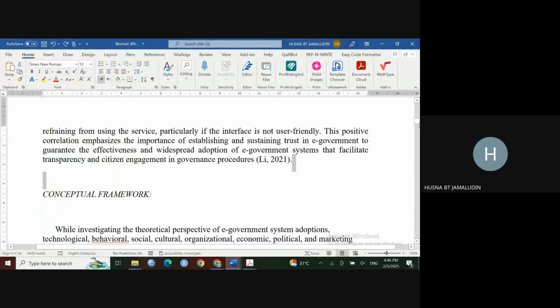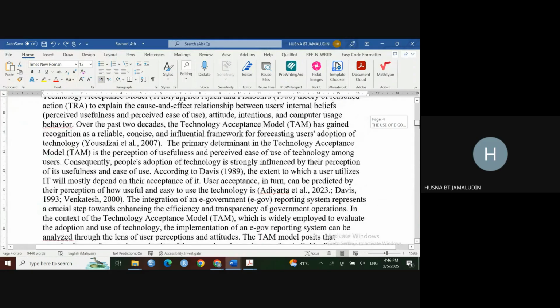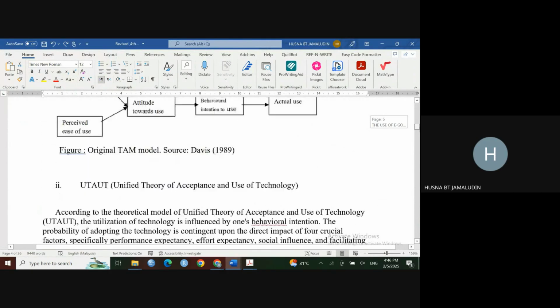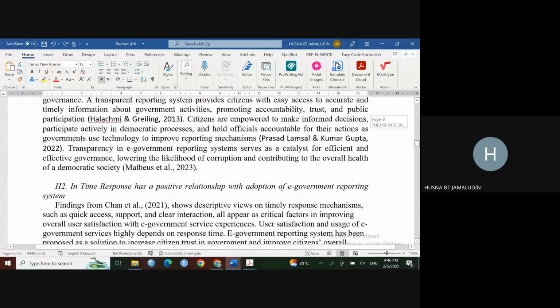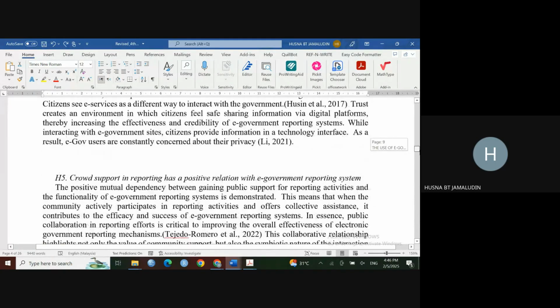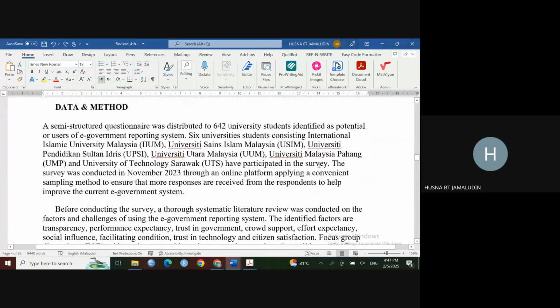Okay. So let's look at the example from here, from your friends. At the moment here, you can see that when you talk about data, right? In this case, I was helping the students to construct, to actually write the data and methods. This is about the use of an e-government reporting system.